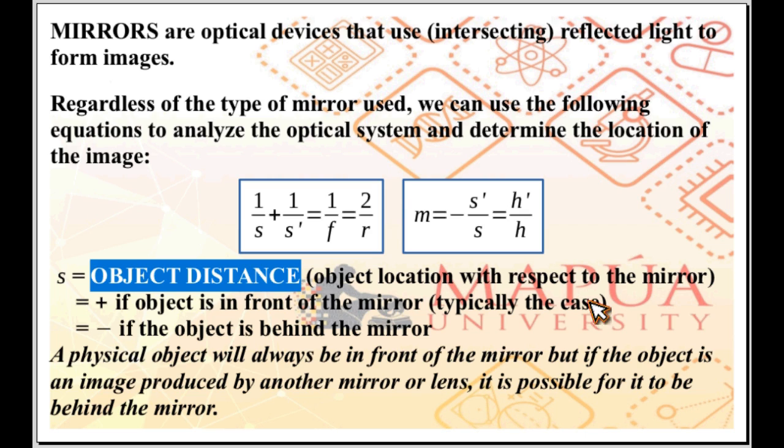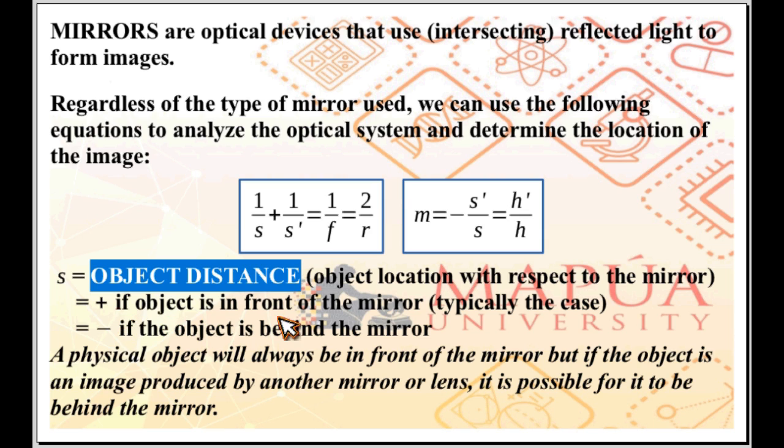Is the object located in front of the mirror or is the object located behind the mirror? To differentiate one location from the other, we have positive, negative sign convention. S is positive if the object is in front of the mirror, which is typically the case. This is particularly true for an optical system comprised of one object, one mirror. If we have one object, one mirror, object distance S is positive.